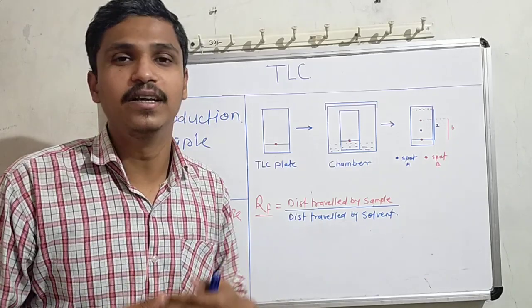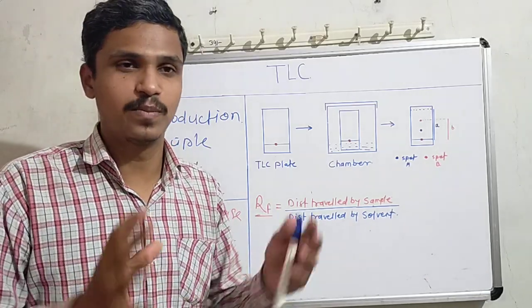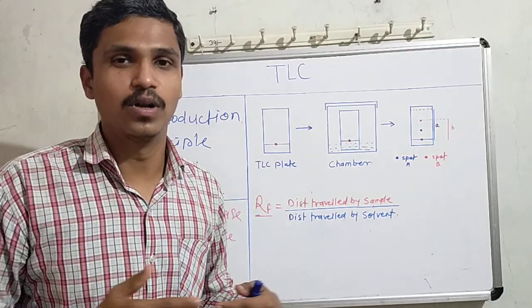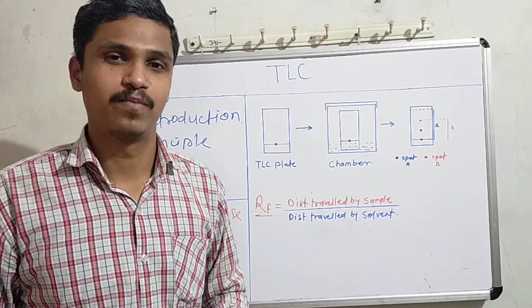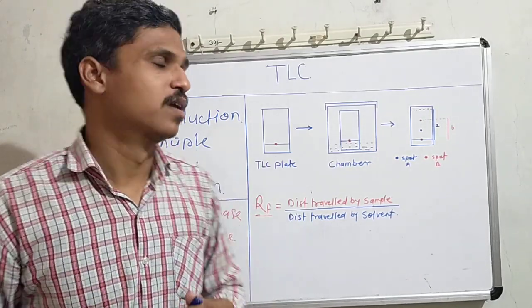So the spots appear, where most of the passengers get dropped off in Nagpur, then Amravati, Akola, Gondia, depending upon the destination. So this is a very simple mechanism.